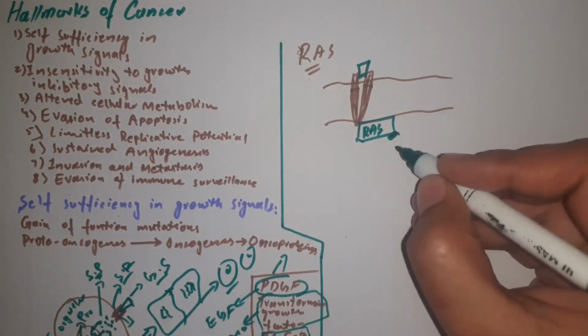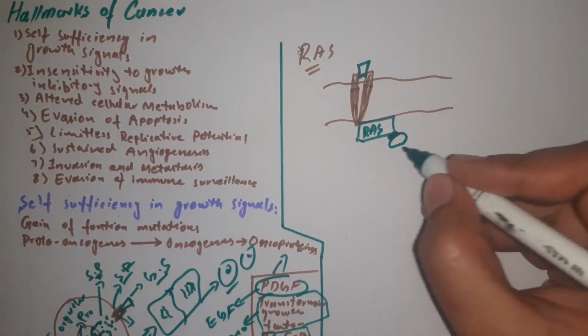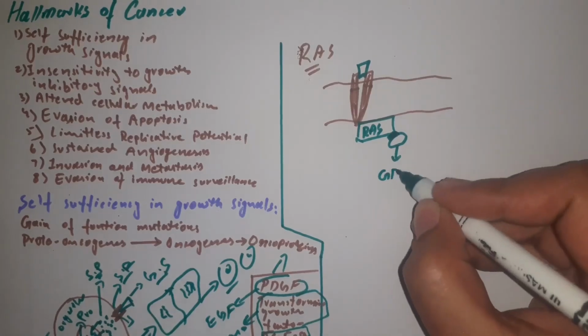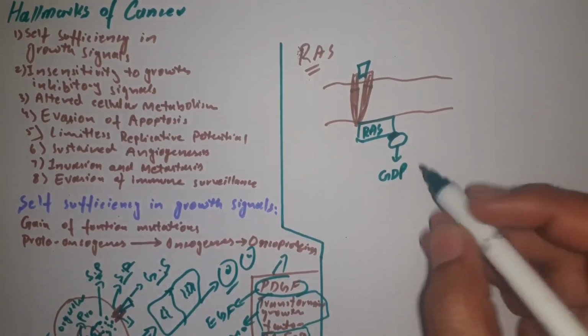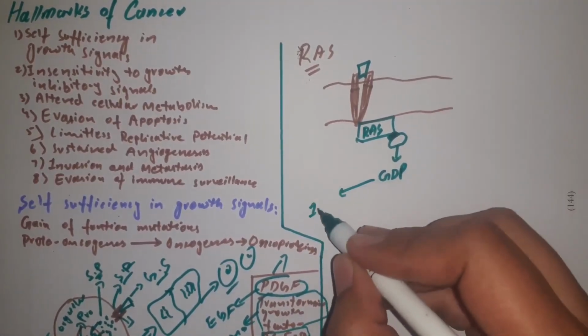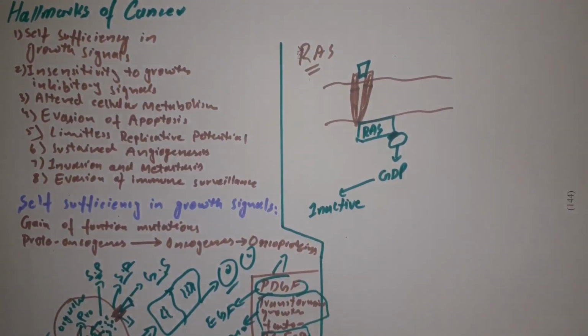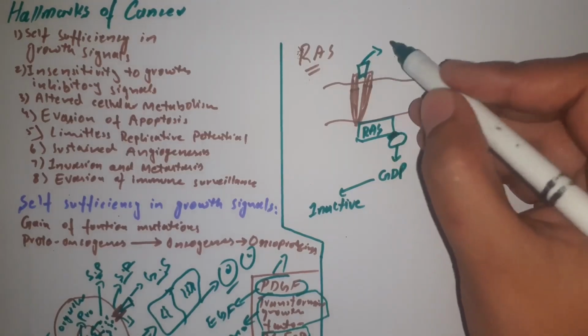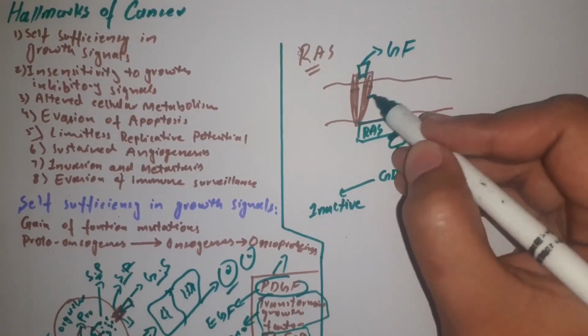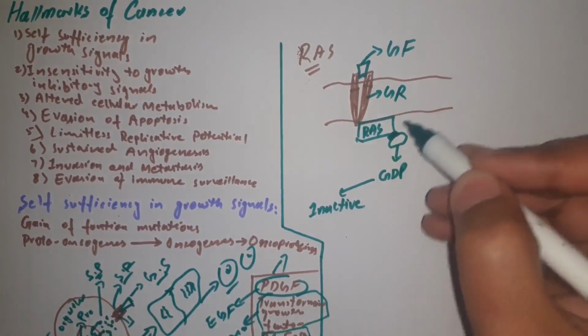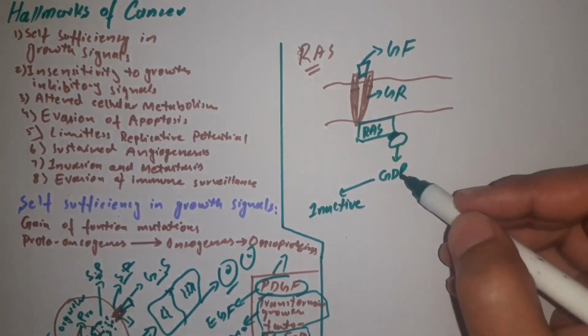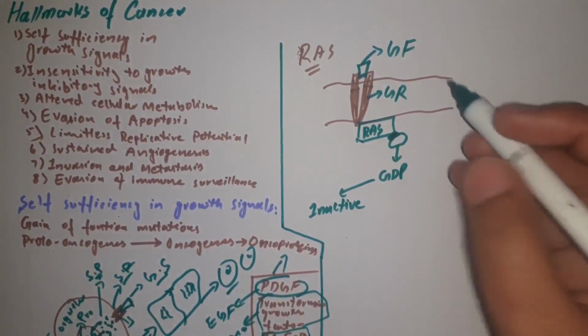Okay, so normally it binds a molecule of GDP. When it is bound to GDP, it is inactive. Okay, in the inactive state it is bound to GDP. However, when a growth factor comes and activates the growth receptor, this RAS replaces the GDP with GTP.